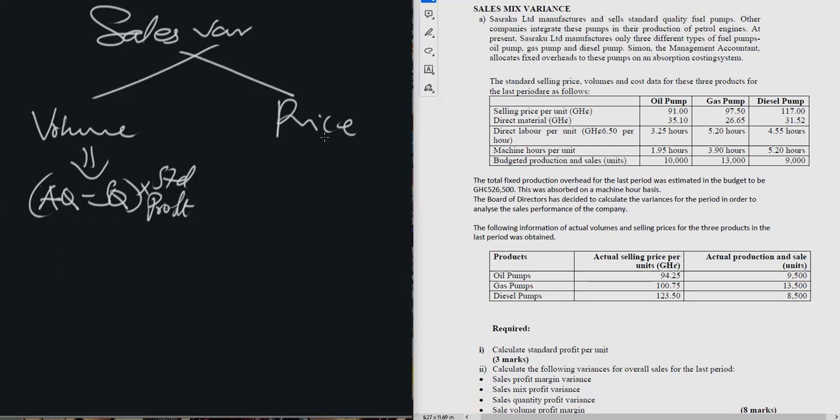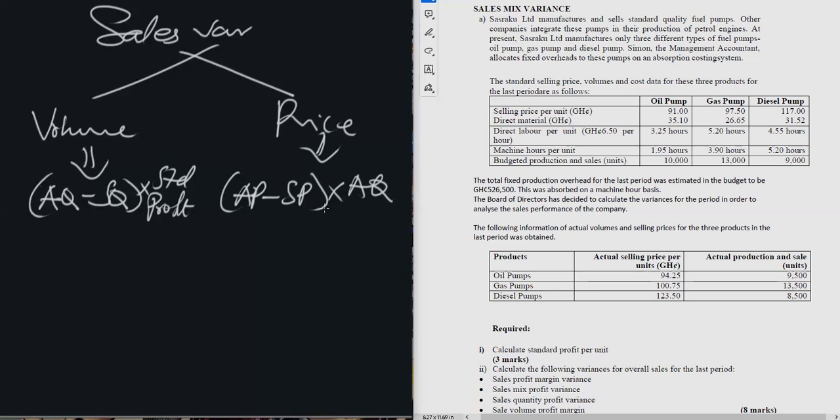But when it comes to price, you are looking at the change in price, how actual price should differ from your standard price. But here, we measure it based on your actual quantity. So how a change in the actual price and standard price affects your actual quantity. So at your actual quantity, that is the price variance.